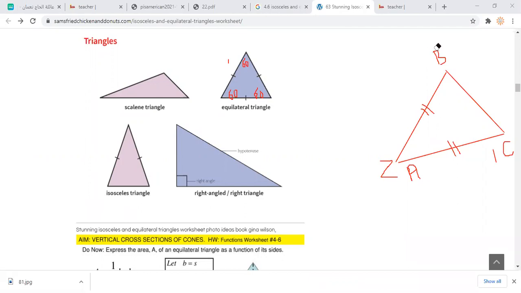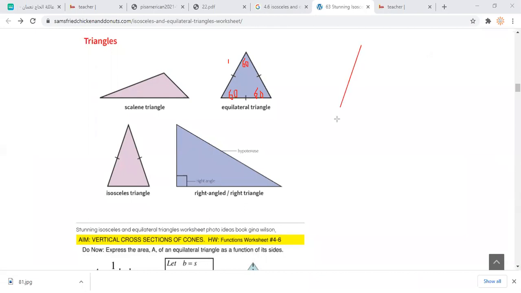Please raise your voice. The two sides are equal. The two base angles are equal. Thank you so much. So we have two sides equal, so the base angles should be equal.